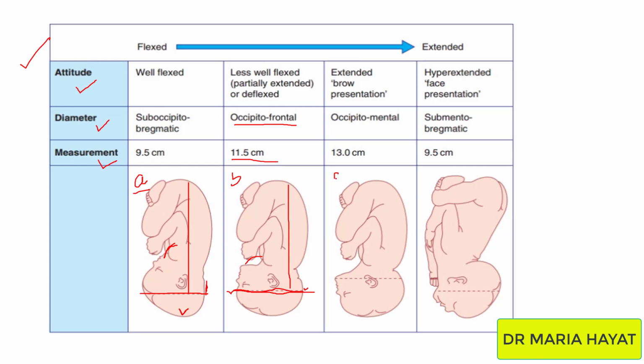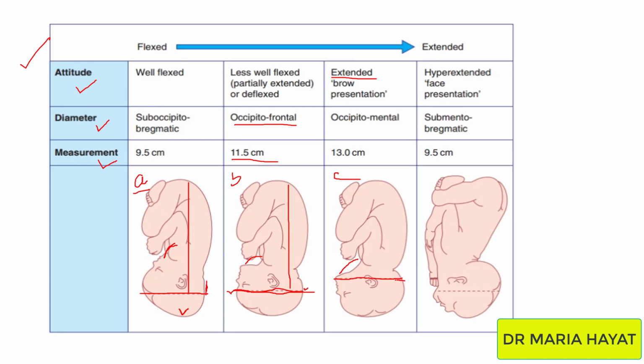Now the image C. This is also important. In image C, the fetal attitude is extended; the chin is more far away from the fetal chest. When the fetal attitude is extended, the presenting diameter will be occipitomental.